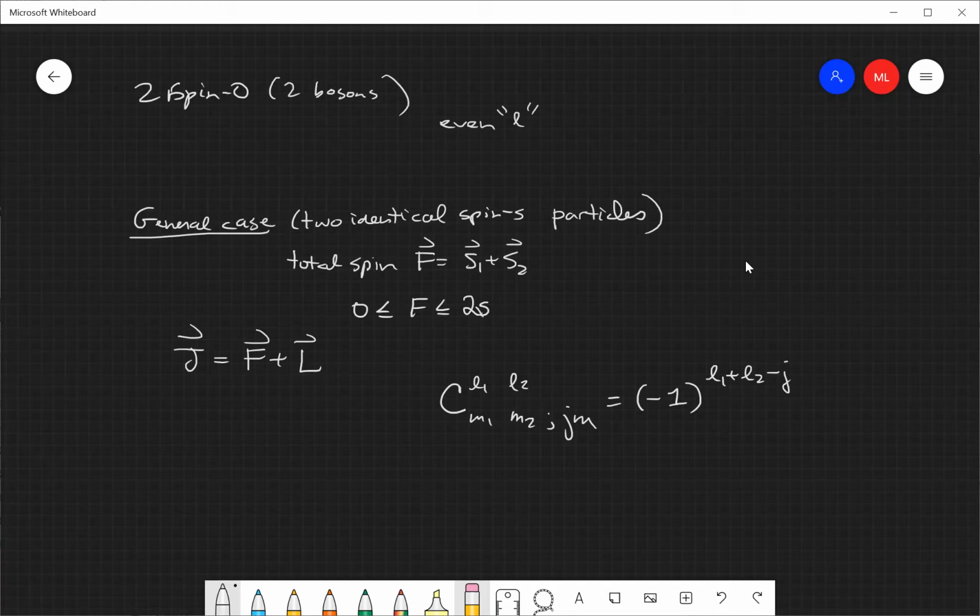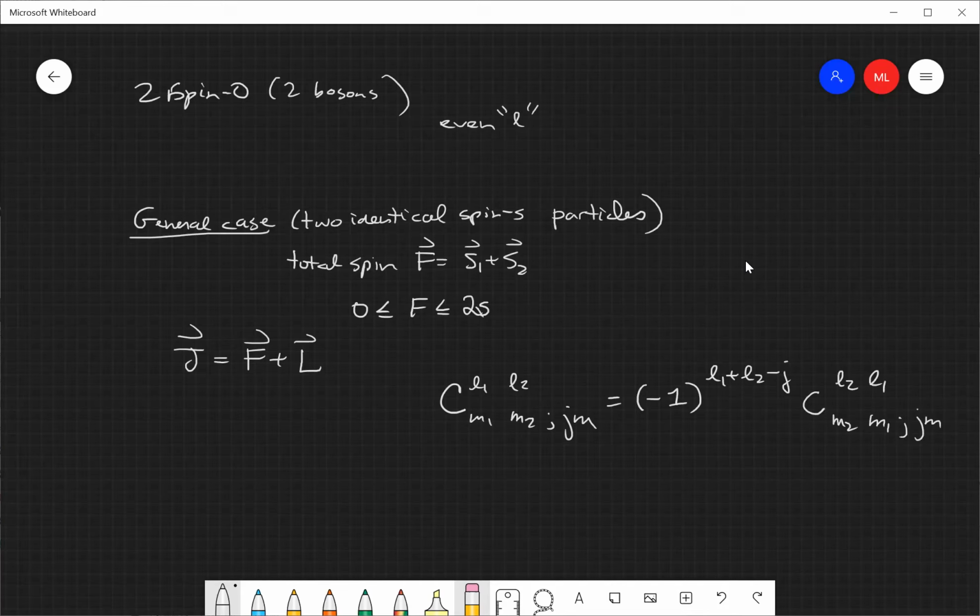And the minus sign is given by (-1) raised to L1 plus L2 minus J, the total angular momentum. And this is L2, L1, now M2, M1, J, M. So that's what happens under exchange of L1 and L2.